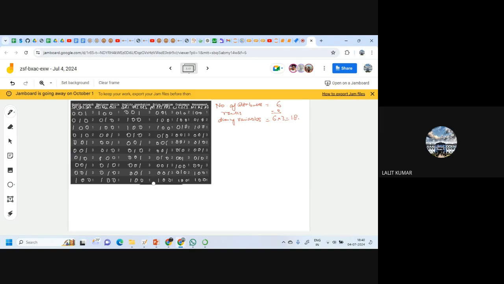Now first concept comes again, the number of item sets. Number of item sets can start from 1.